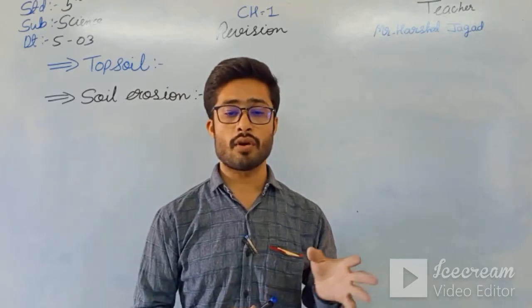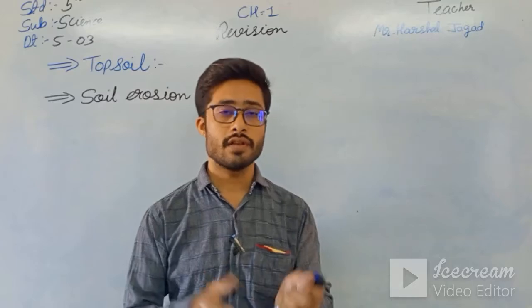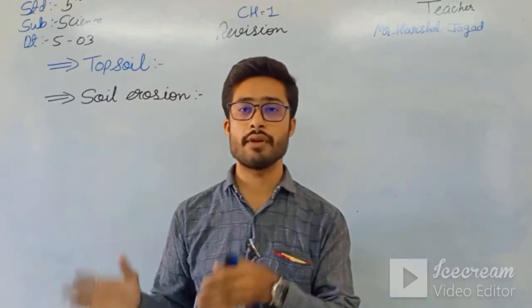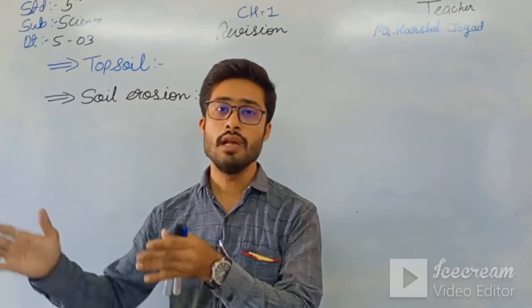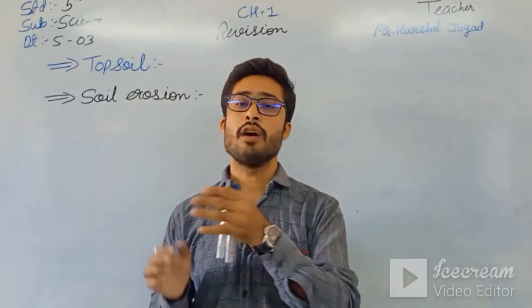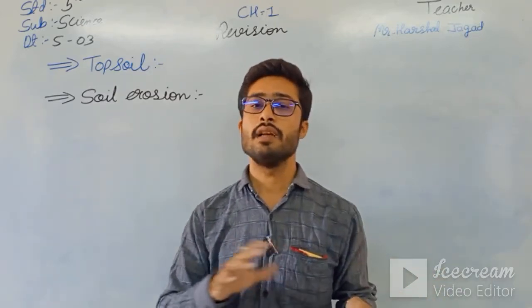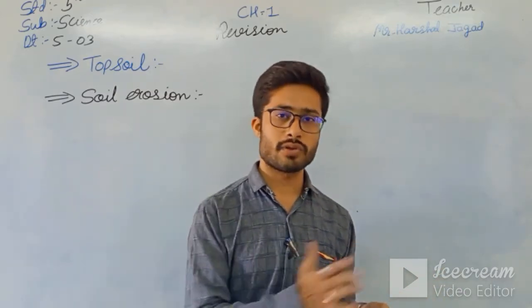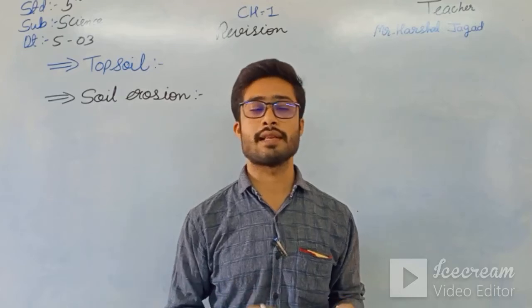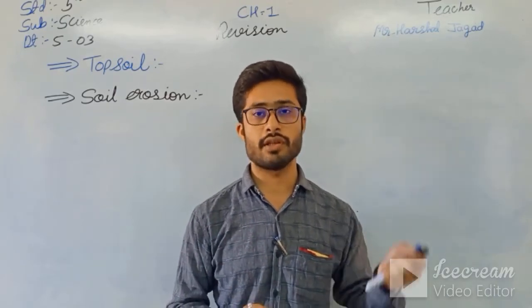When there are no trees and plants in some areas, what happens? Due to the heavy wind and heavy rainfall, all the topsoil will move along with the wind and with the water. So it will move, and the soil will be eroded. So it is known as soil erosion, and the soil also contains some nutrition.